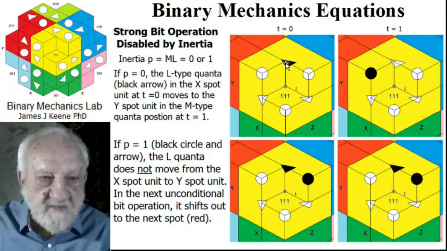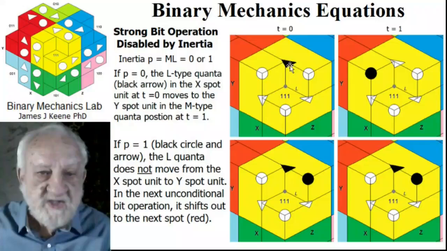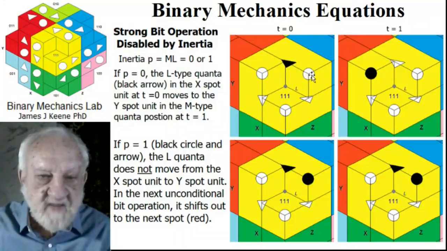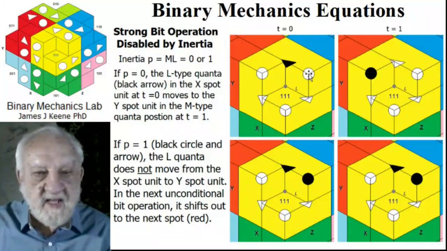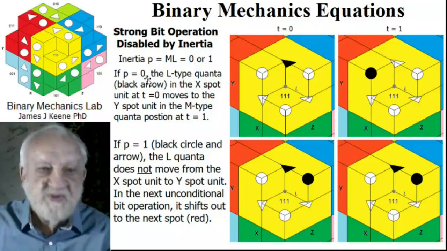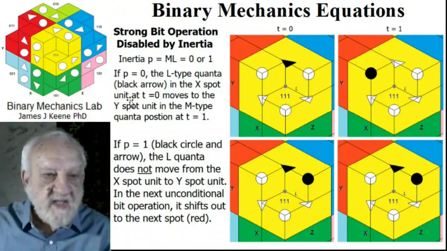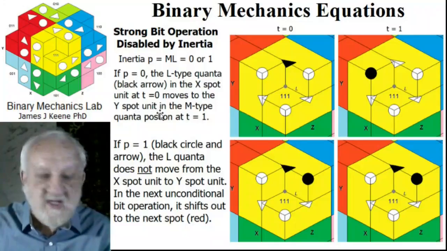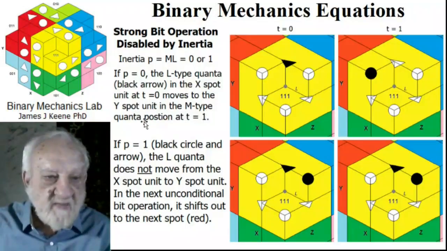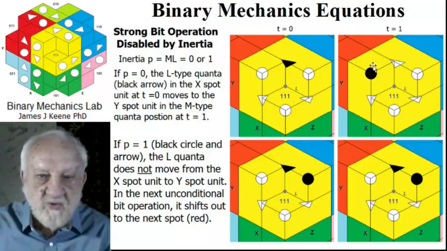In this case, it equals 0 because the black arrow shown here at time equals 0 is in the one state, and the empty circle here is our M locus in the 0 state. If P equals 0, the L-type quanta, the black arrow, in the X spot unit at time equals 0 moves to the Y spot unit in the M-type quanta position at time equals 1, as shown here.